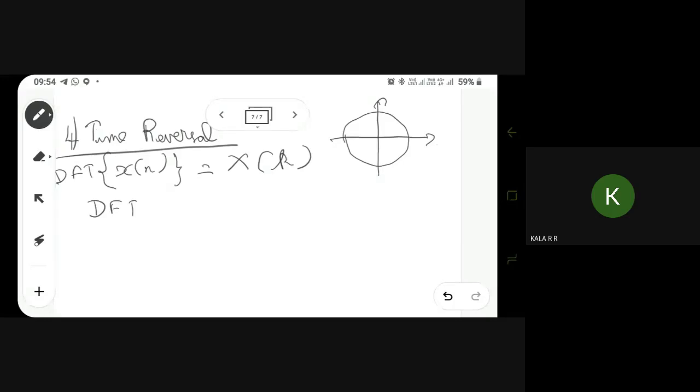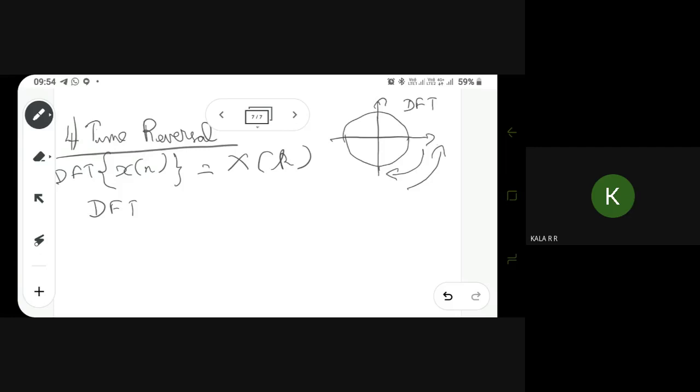But if it is taken at equal points, then it contributes to your DFT. Here we are talking about DFT. For taking DFT, we calculate in the clockwise direction. In the time reversal property, we'll be taking it in an anti-clockwise direction.